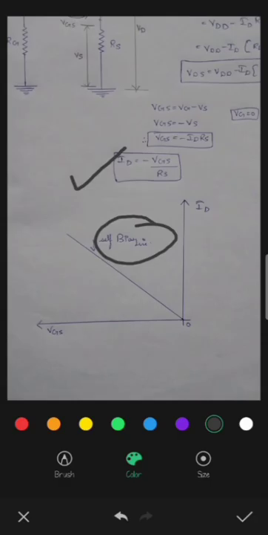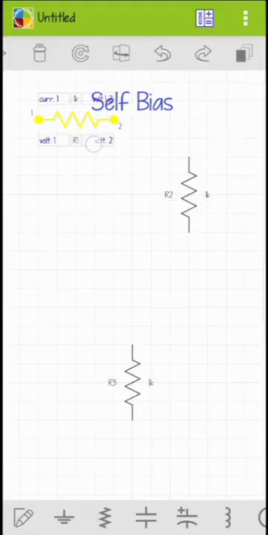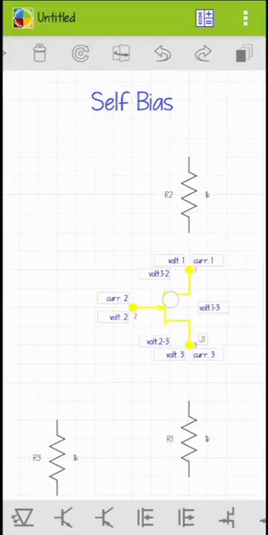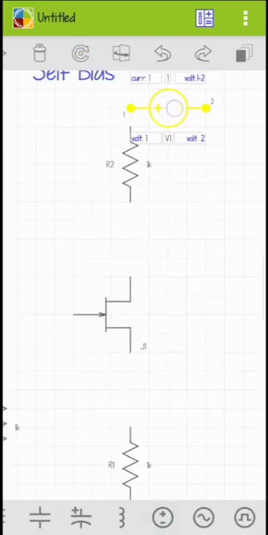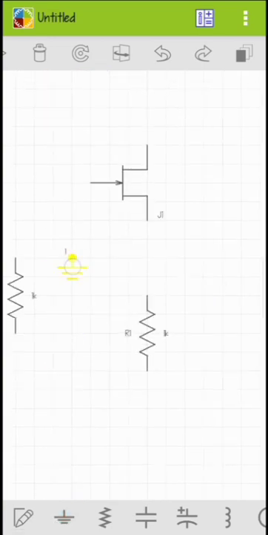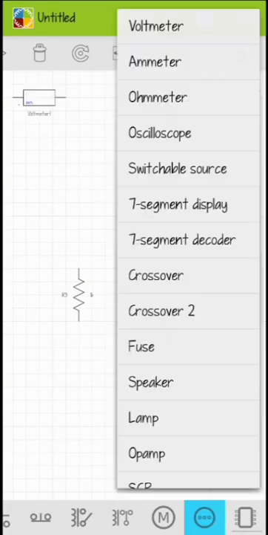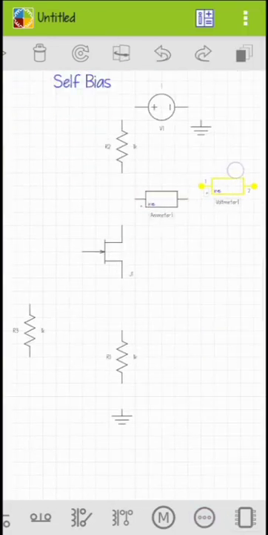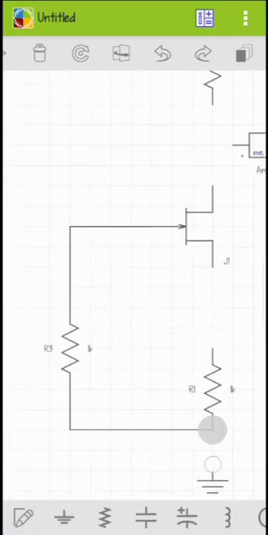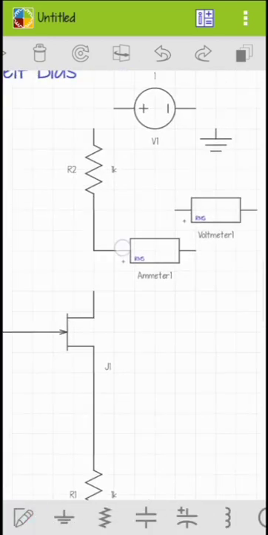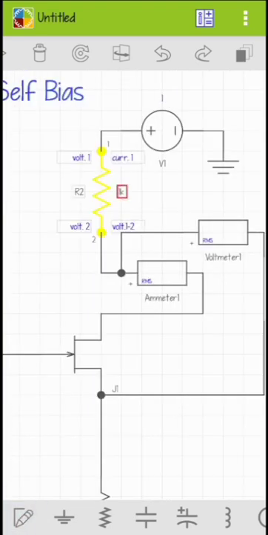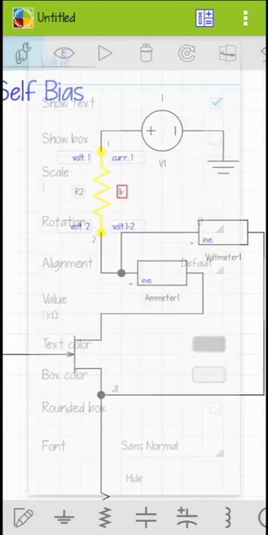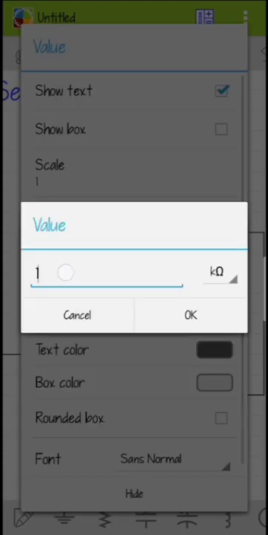Now let's see how the connections are given for self-biased circuit of FET. For this first we need 3 resistors, 1 FET transistor, 1 power supply, 2 grounds and 1 ammeter and 1 voltmeter. Then I'm giving the resistance value for Rd as 3K, that is 3 kilo ohms.